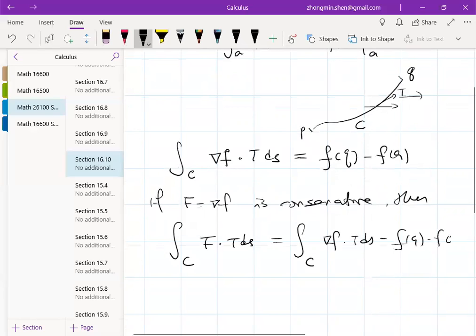You don't need to find a parameterization for the curve and use the integral with respect to t, for example.